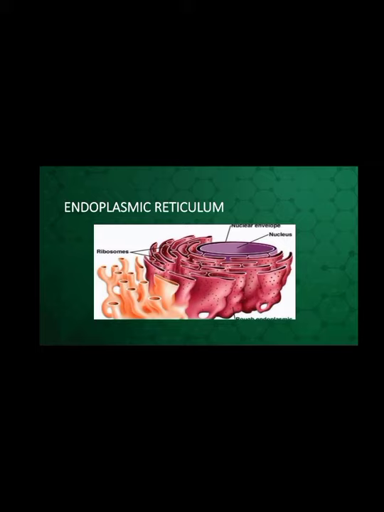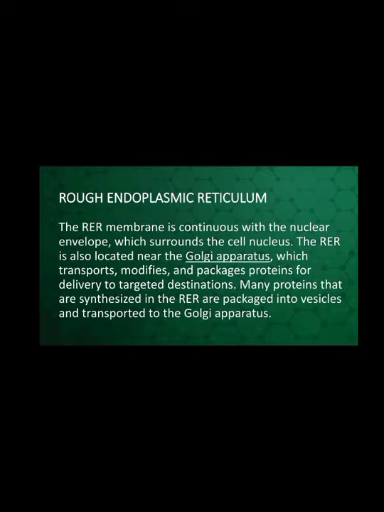The ribosomes function as factories and produce proteins. For instance, the endoplasmic reticulum is a type of organelle made out of two subunits, the rough endoplasmic reticulum and the smooth endoplasmic reticulum. So let's proceed to the first subunit. The rough endoplasmic reticulum is continuous with the nuclear envelope which surrounds the cell nucleus.